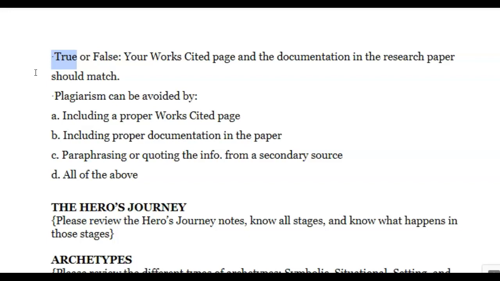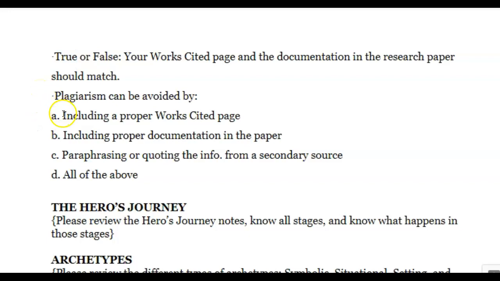So for example, if my citation is To Kill a Mockingbird and it starts off Lee, Harper, period, To Kill a Mockingbird, etc., the in-text citation within my body paragraphs where I use my evidence, at the end, it should have a parenthesis, Lee, because that's her last name, it matches the citation, and then it should have the page number, in parenthesis, period.